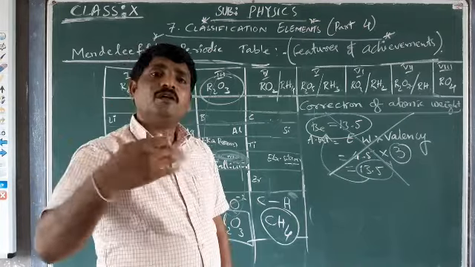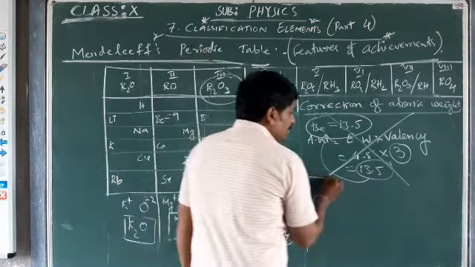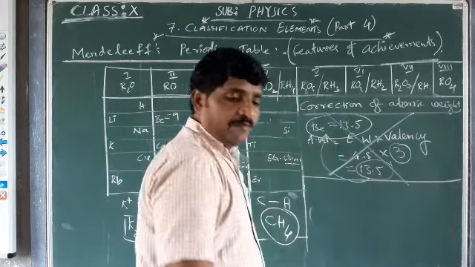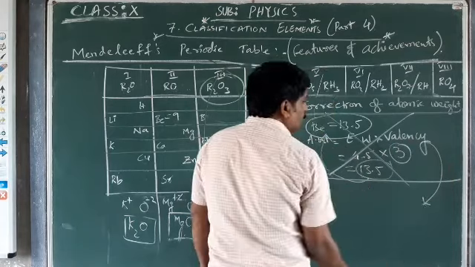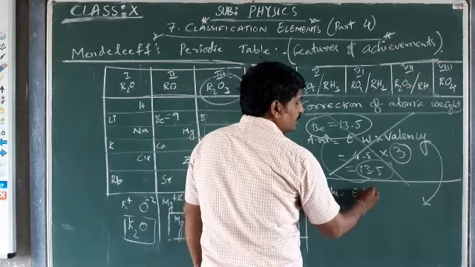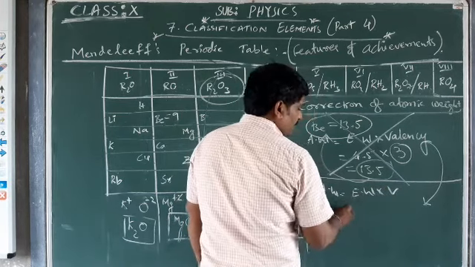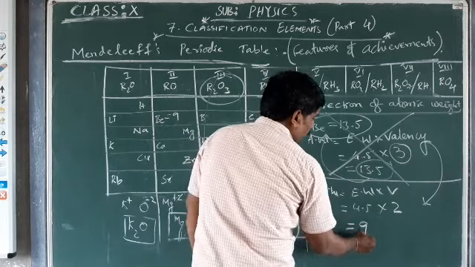Mendeleev corrected the assumption, treating the valency of beryllium as 2. That is, atomic weight is equal to equivalent weight into valency: 4.5 equivalent weight experimentally, valency equal to 2, that is equal to 9.